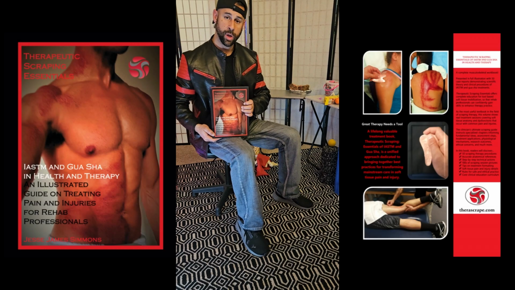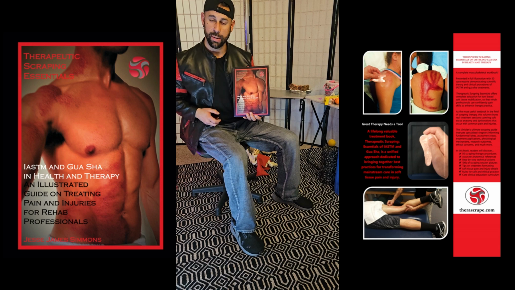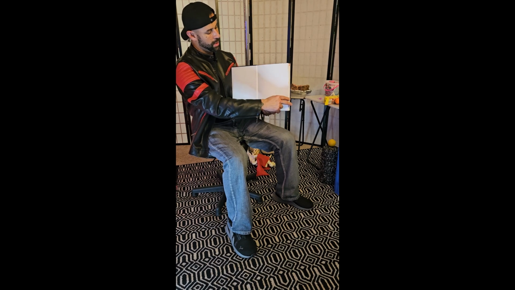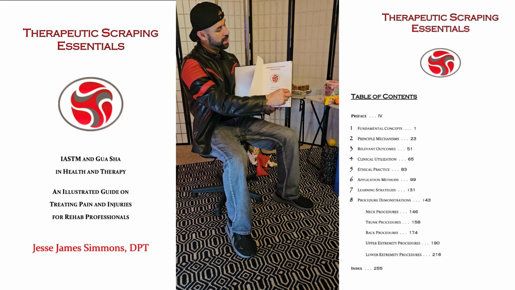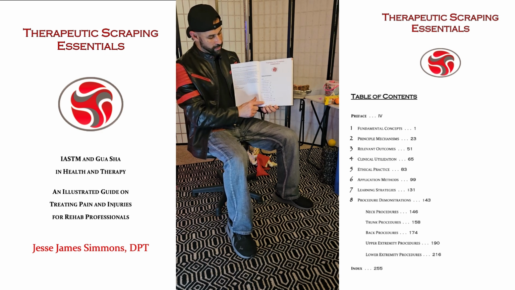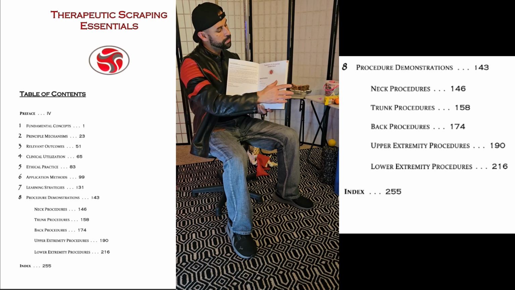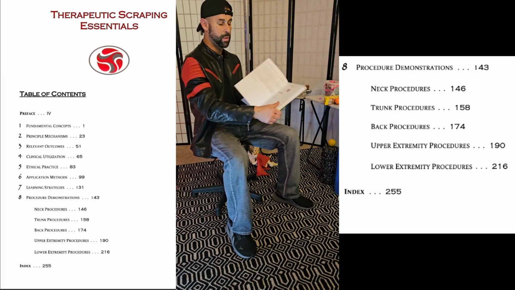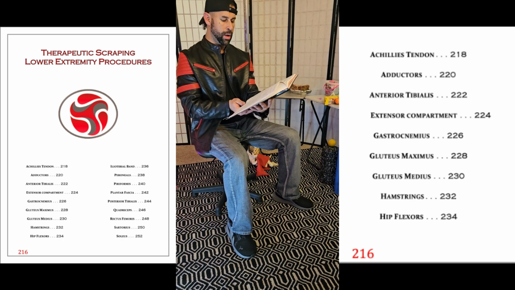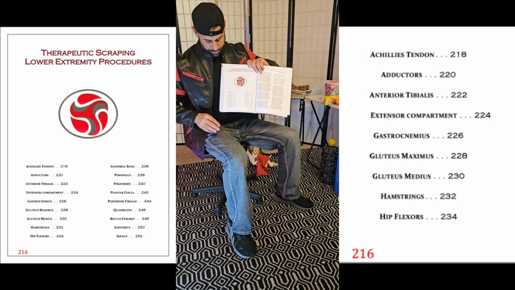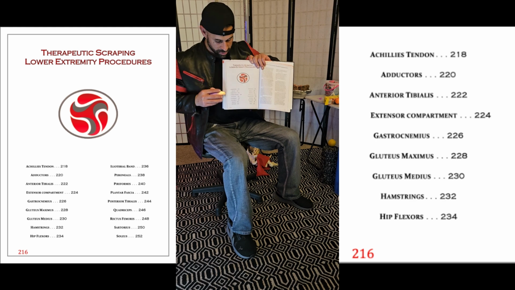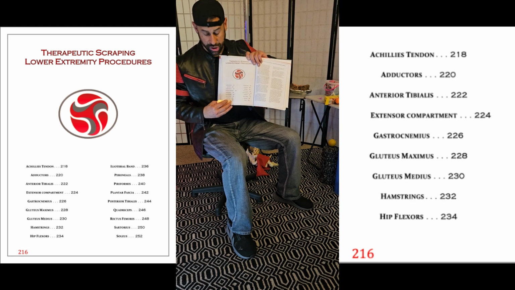If I needed to address how to scrape that muscle and wanted to learn how to do that, I would go to my table of contents: hip flexors in the lower extremity, which is on page 216, is where lower extremity procedures start. Upon reaching 216, scanning through the list of anatomical sources here, hip flexors are on page 234.